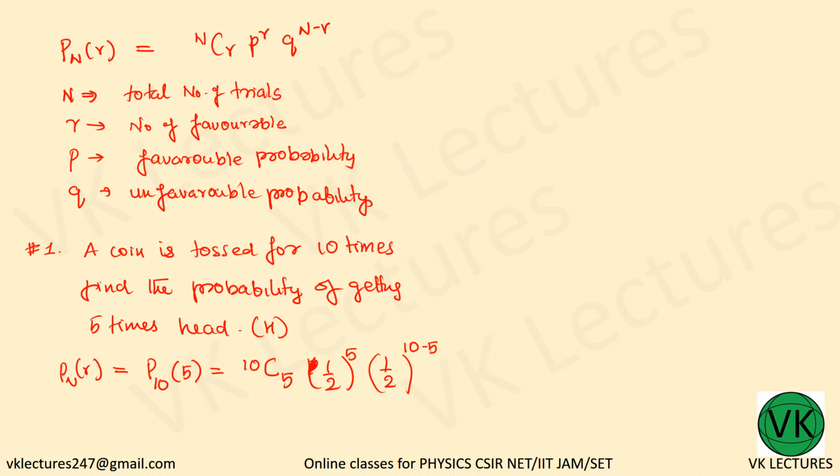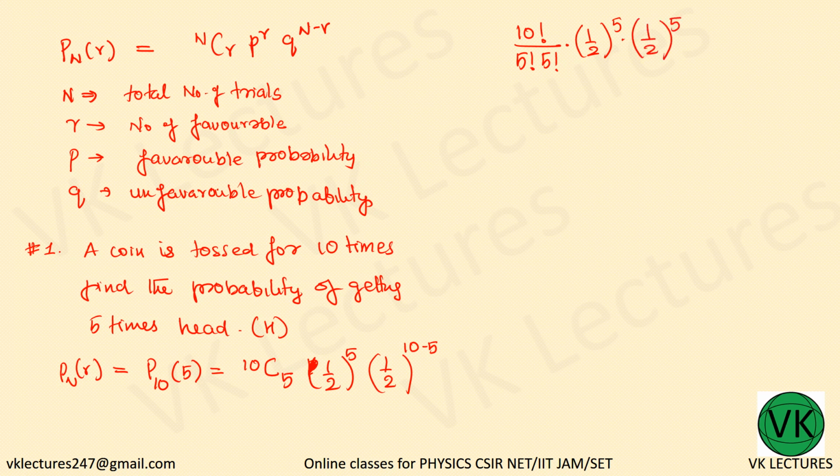So 10C5 means 10 factorial by 5 factorial into 10 minus 5 factorial, that is 5 factorial, into 1 by 2 to the power 5 into 1 by 2 to the power 5.